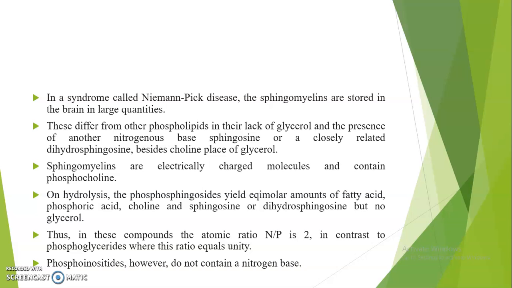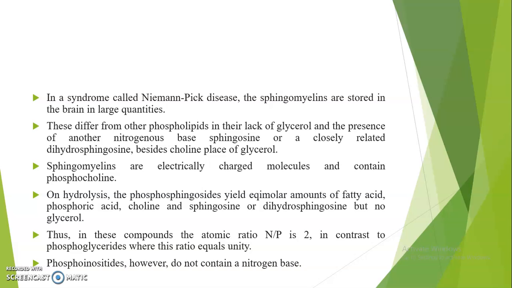As I said, in the structure of these sphingomyelins, glycerol is replaced by sphingosine, another nitrogenous base, or a closely related dihydrosphingosine, besides choline. In place of the glycerol, choline is present, and in addition to that choline there is sphingosine or the dihydrosphingosine.